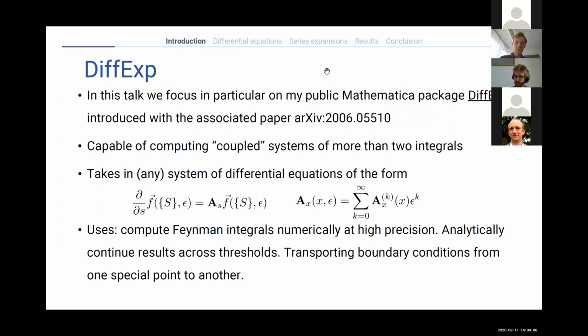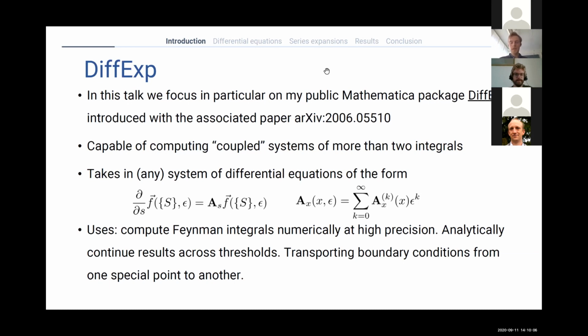So some of the uses of such a package would be to compute the Feynman integrals numerically at high precision, or if you already have some results somewhere, maybe you want to do the analytic continuation across a threshold. For this, the package could help.